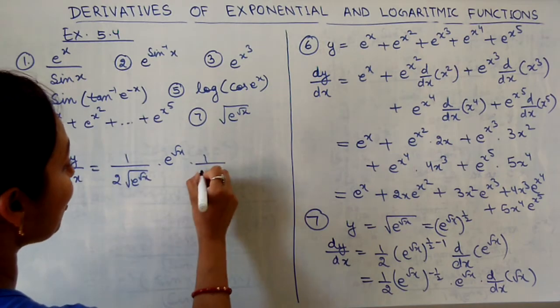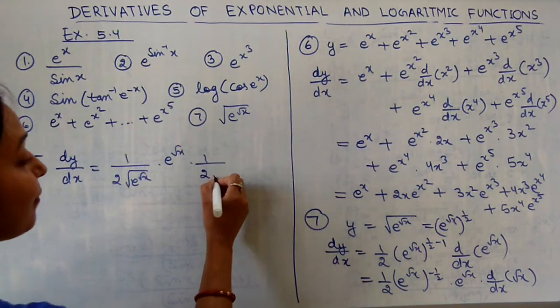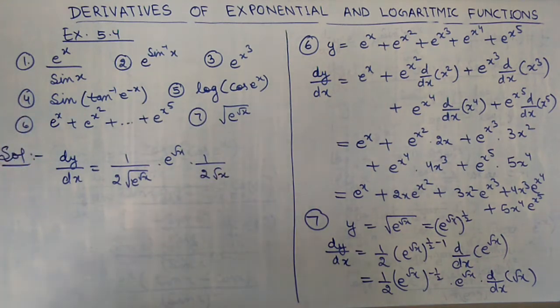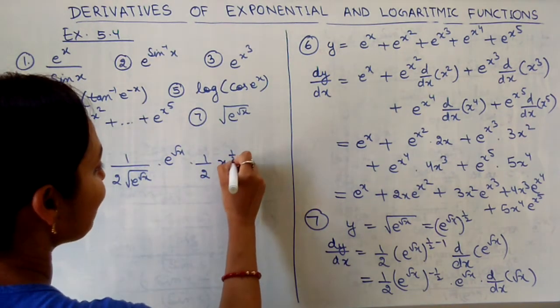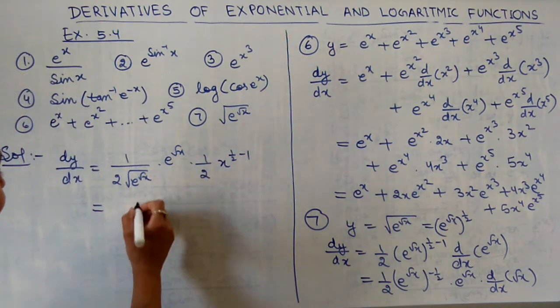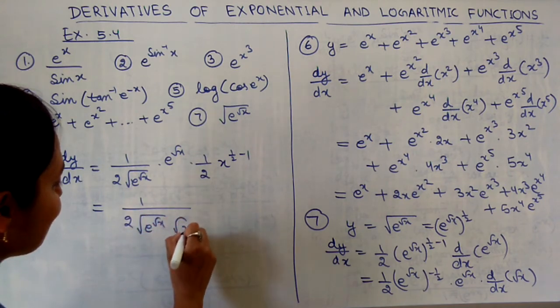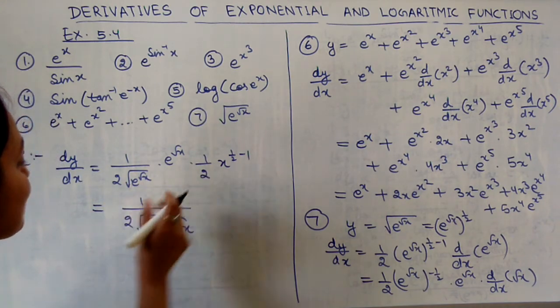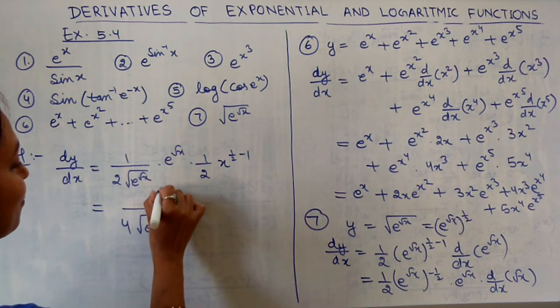That is 1/2 x raised to power 1/2 minus 1, that is, root x in the denominator. So it equals e^(√x) over 2 times 2, and the two 2s make 4. I will write it as 4, and in the denominator there is root x.